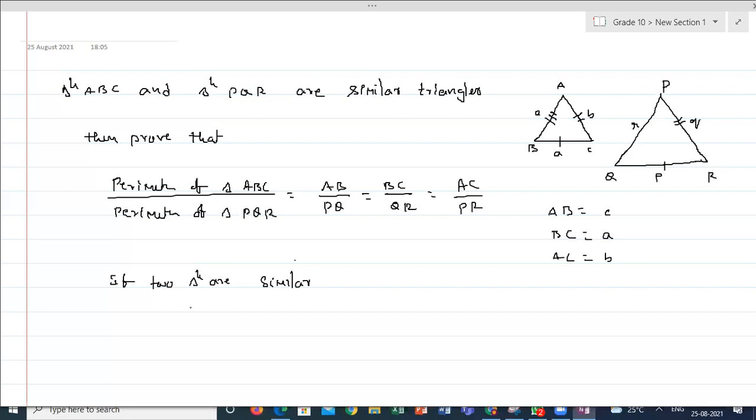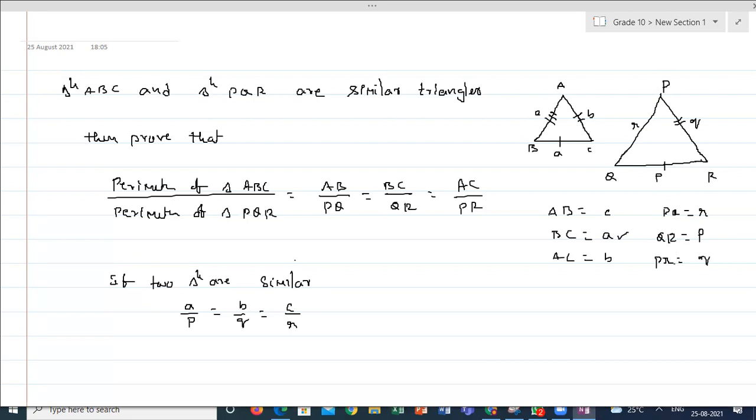What are the corresponding ratios? A by P will be equal to B by Q, equal to C by R, where a is equal to BC, so BC by QR is a by p. Same as your PQ is equal to small r, QR is equal to p, and PR is equal to small q. So that naming is your wish.